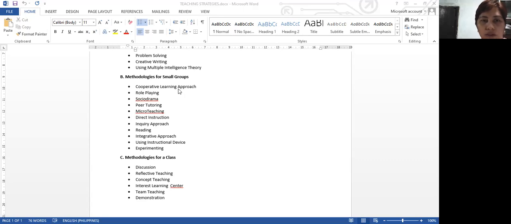Okay, so for example, let me tell you about the Vygotsky theory, the zone of proximal development. Here in cooperative learning approach, since it is cooperative, according to Vygotsky, if we are going to apply the zone of proximal development, it will help one.